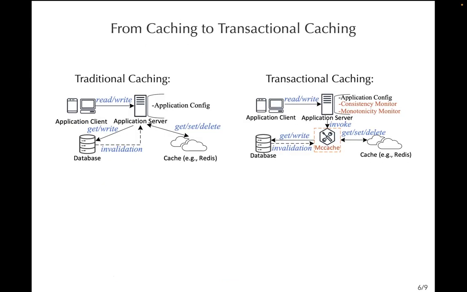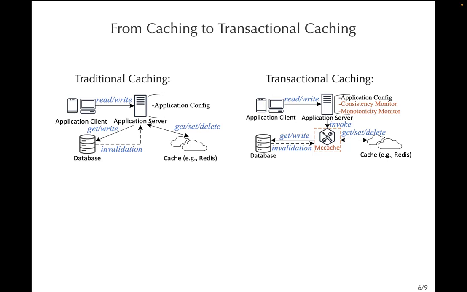So in this work, we present a lightweight cache layer that can be used with existing cache systems such as Redis and Memcached to make them work well for transactional requests. It ensures that cache hits on Redis are always consistent and monotonic.